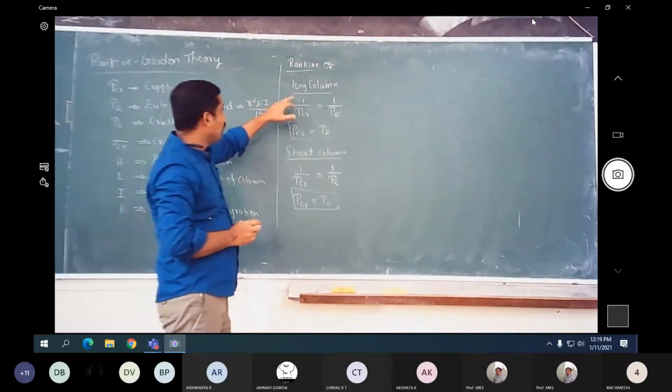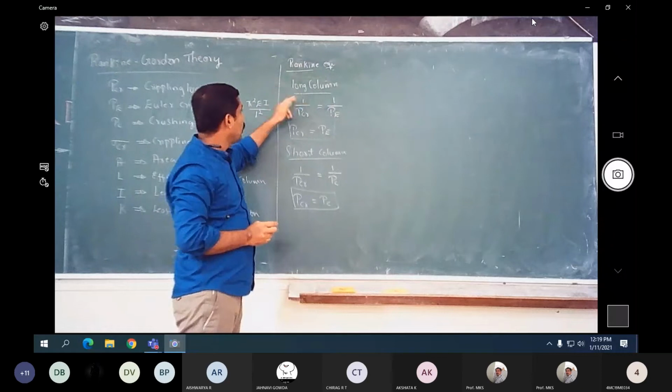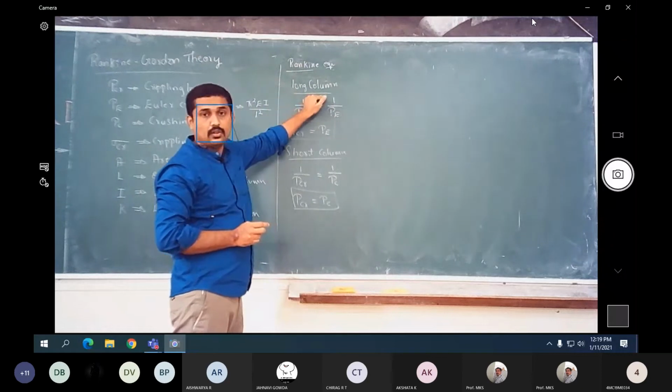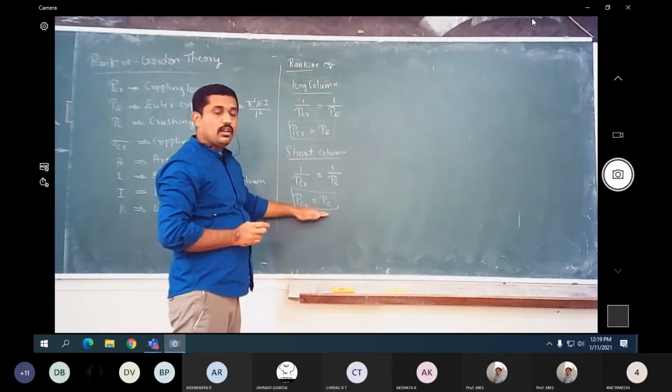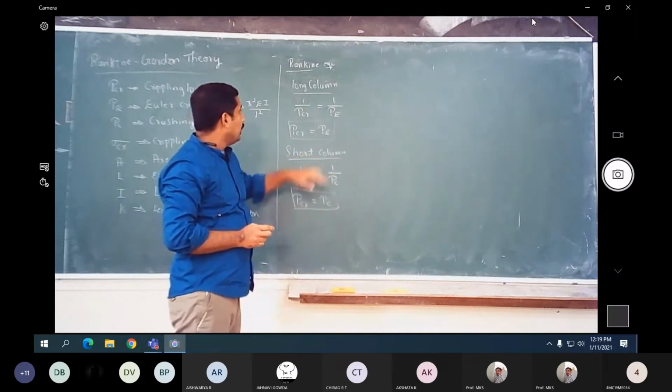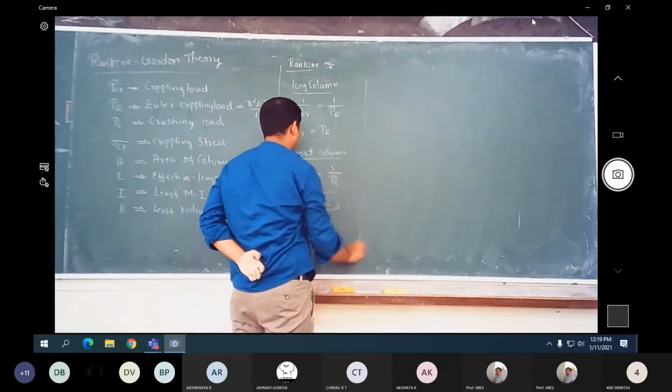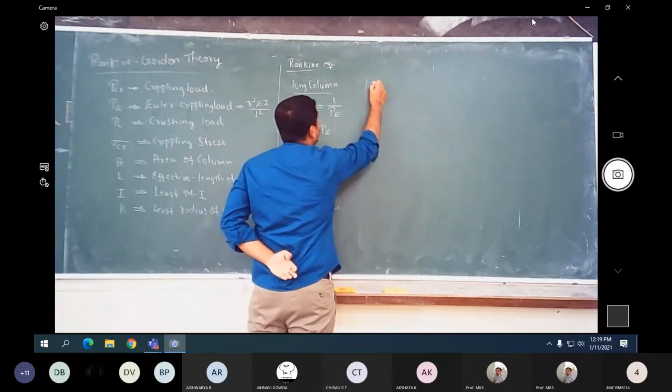So first you should know that a long column fails under which load? The long column fails only under buckling load or crippling load. The shorter column fails only with respect to crushing or compressive stresses. Then the medium column.